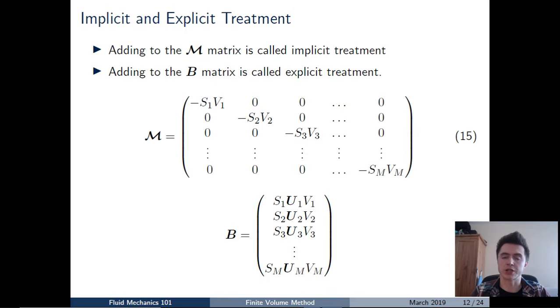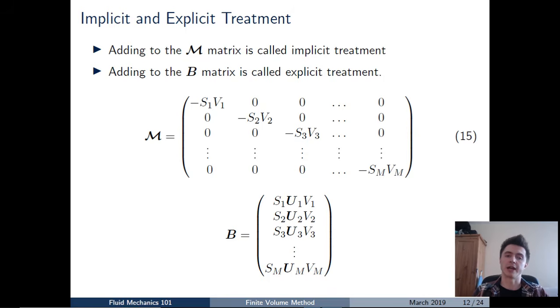And for each of these source terms, CFD codes will often choose on the fly whether to use implicit or explicit treatment. The reason we might choose an implicit treatment is we want to try and increase the diagonal dominance of the M matrix, because this makes the matrix more stable.